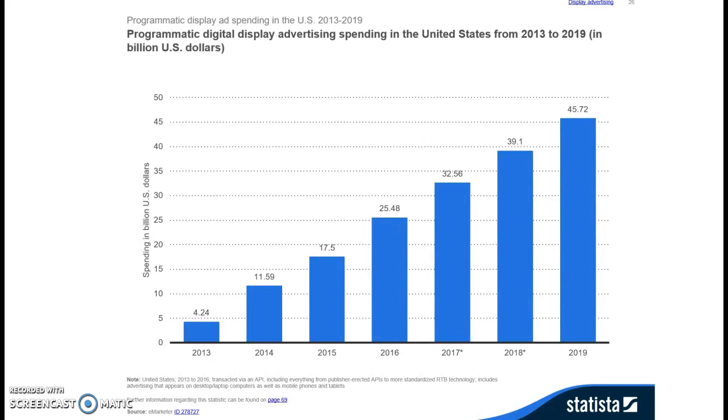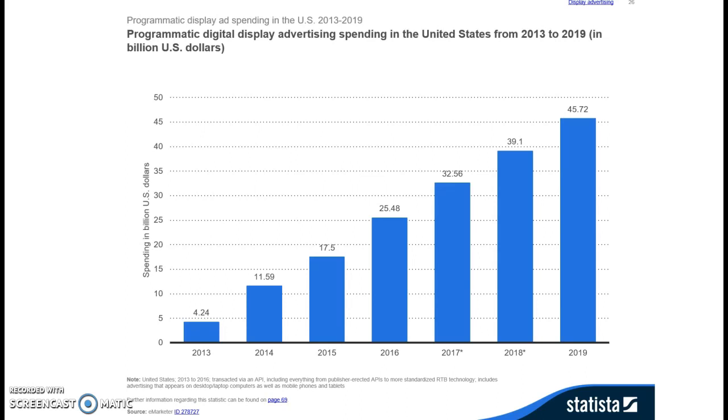This shows from Statista the years 2013 and projecting to 2019, billions of dollars being placed by programmatic. So in other words, there isn't a human being who's calling up and placing the advertising. It's all done digitally.